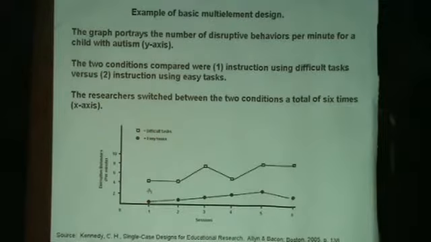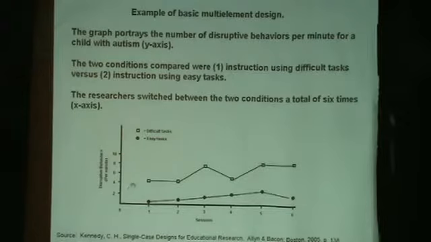So we can see from this graph, if we are comparing the two interventions, instruction with easy tasks and instruction with difficult tasks, and our dependent variable is the number of disruptive behaviors, that instruction that uses easy tasks decreases disruptive behavior, and instruction that uses difficult tasks increases it.